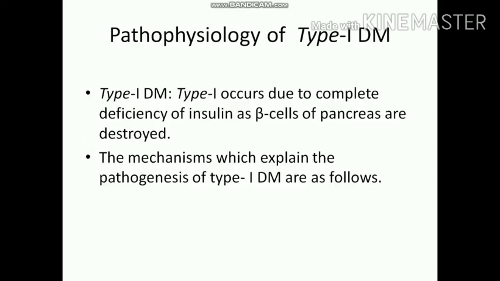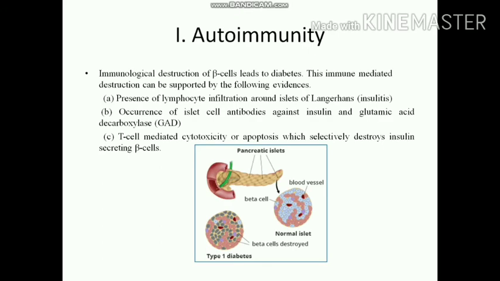Next is the pathophysiology of type 1 DM. Type 1 DM occurs due to complete deficiency of insulin as beta cells of the pancreas are destroyed. The mechanisms which explain the pathogenesis are as follows. First one is autoimmunity. In autoimmunity, the immunological destruction of beta cells leads to diabetes. And this immune-mediated destruction can be supported by the following evidence.